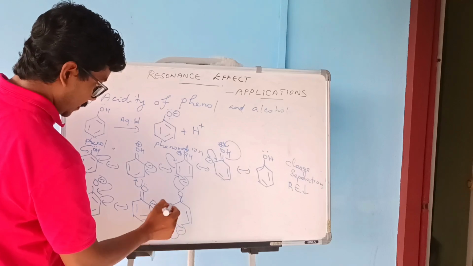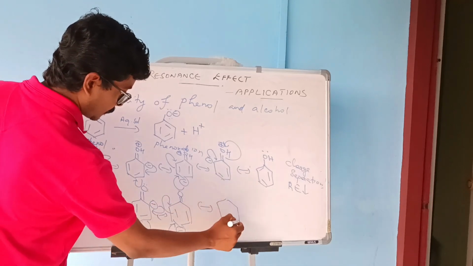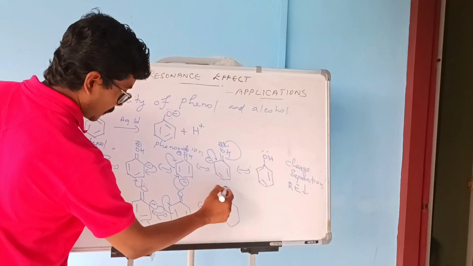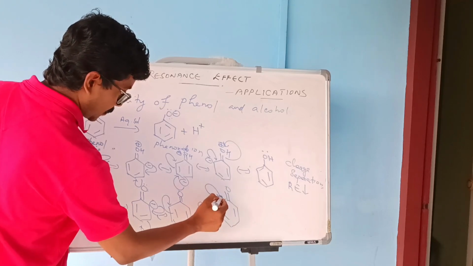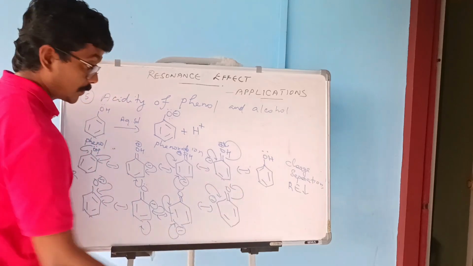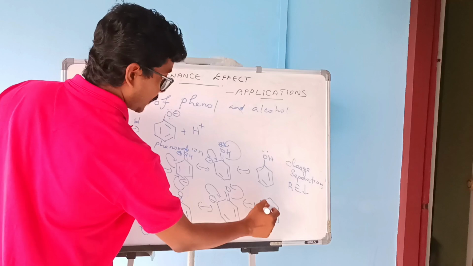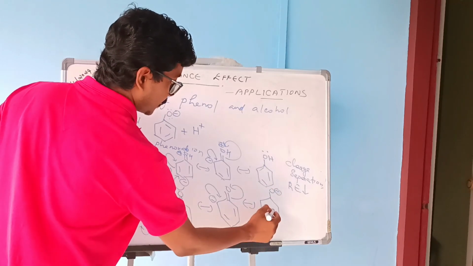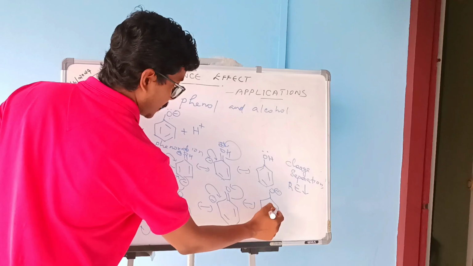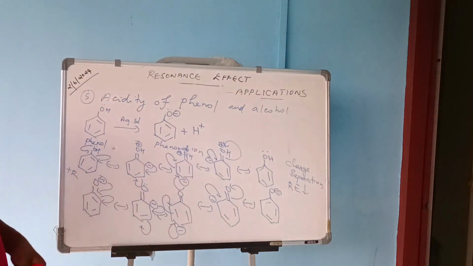This will come to here, this will go to here. This will come to here, and this will again come to this oxygen. So the oxygen is carrying a negative charge. Okay. So there is no charge separation in phenoxide.